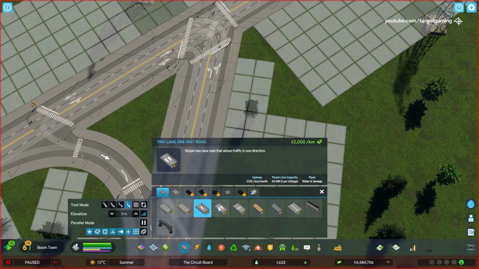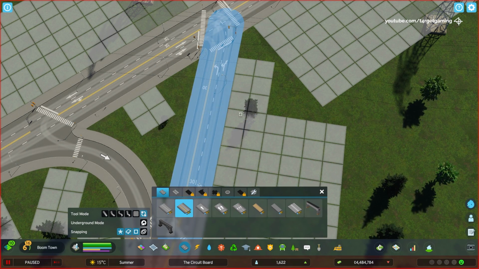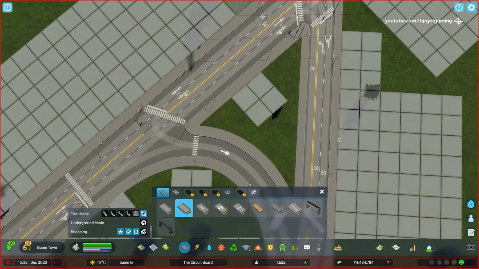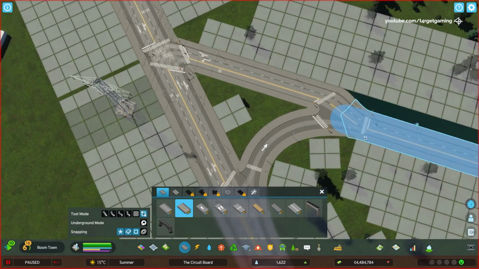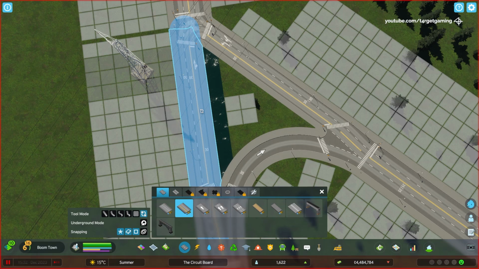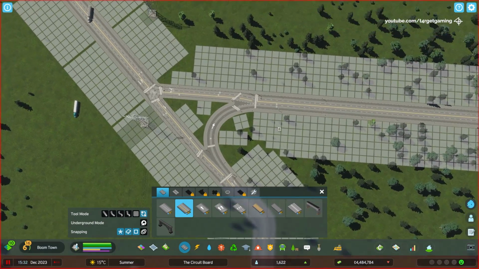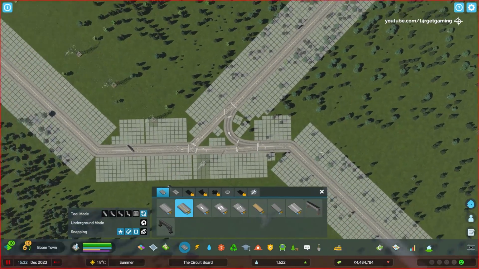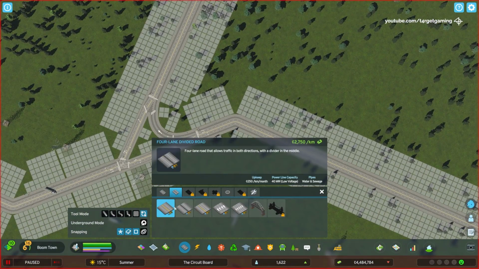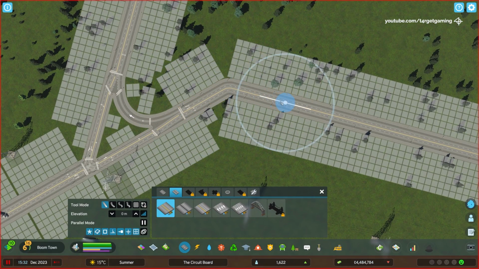What we can do, however, is upgrade this to a one-lane road, like so, just to have some lane mathematics, and perhaps do the same thing over here. Okay, so that serves as a temporary connection. Of course, in the future we will have to upgrade this, but for the time being it's more than enough. Now I'm just going to curve these roads a little bit so it looks a bit better.